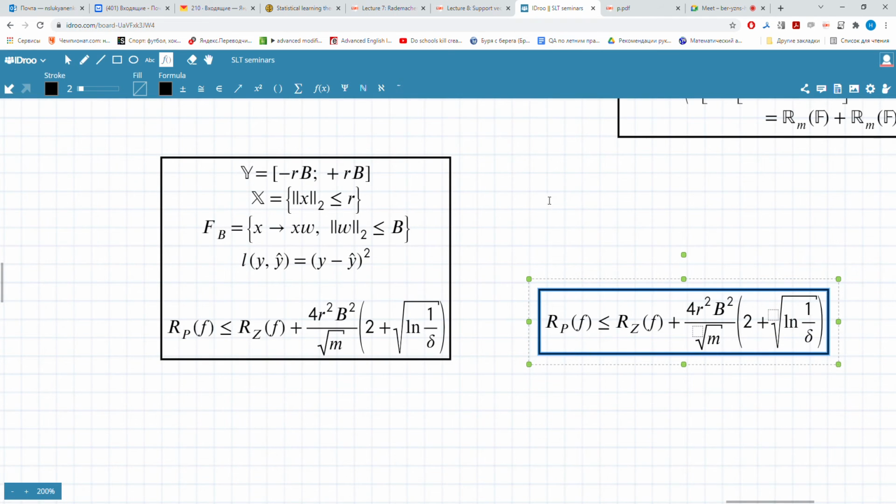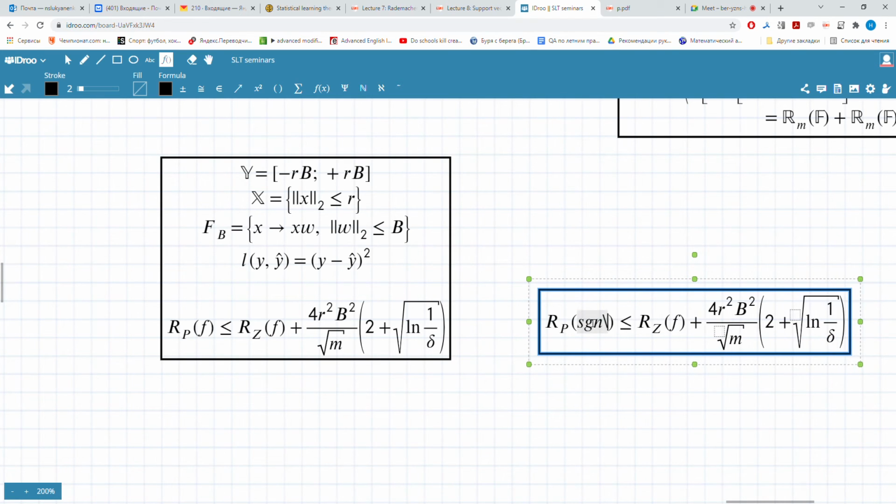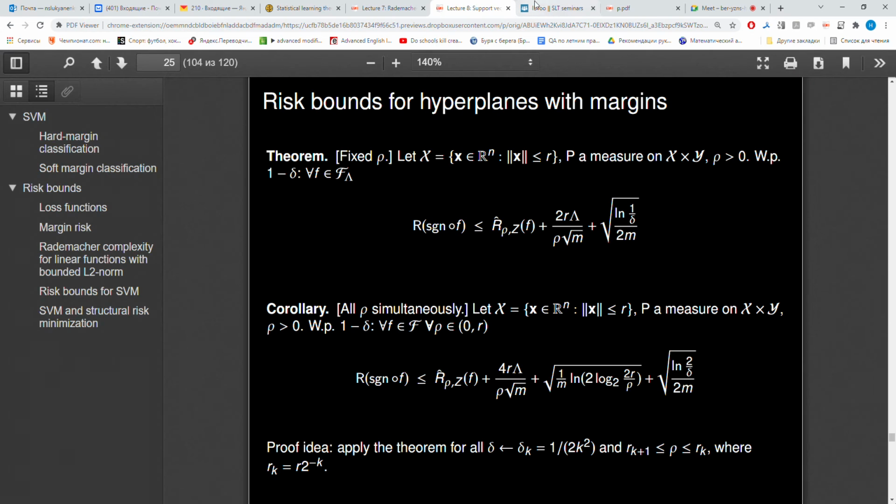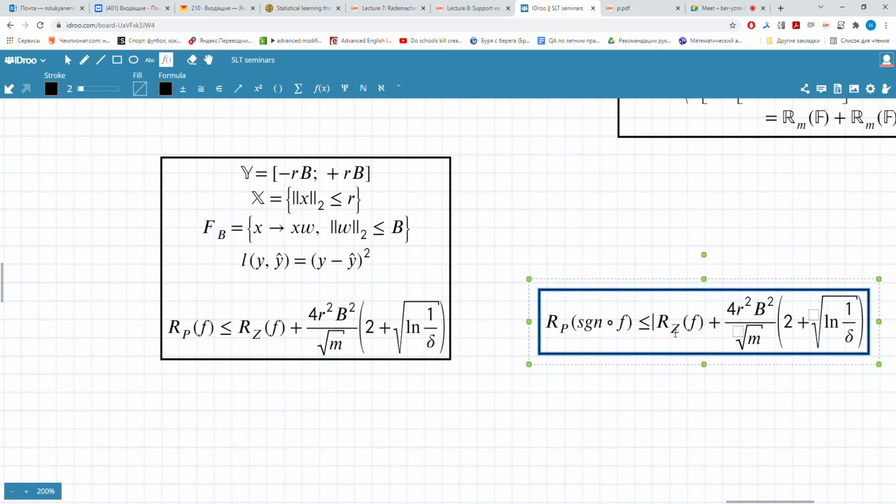And we know that we have, in the formula from the lecture, f. One second, I just want to rewrite it because I think it will be convenient for you to look at.